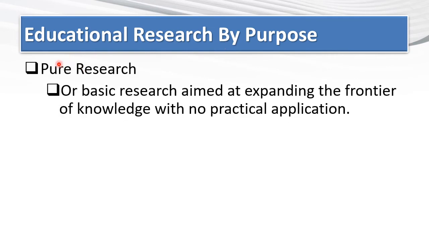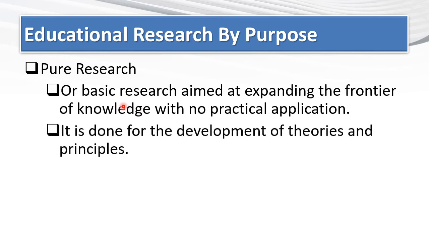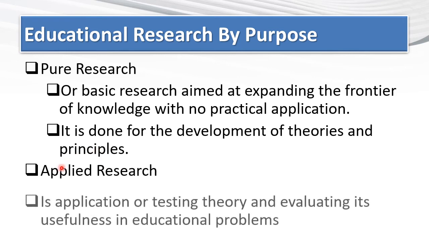Now, pure research can either be basic research, which is aimed at expanding the frontier of knowledge with no practical application. The main aim of this is just the development of theories and principles. Next is applied research.